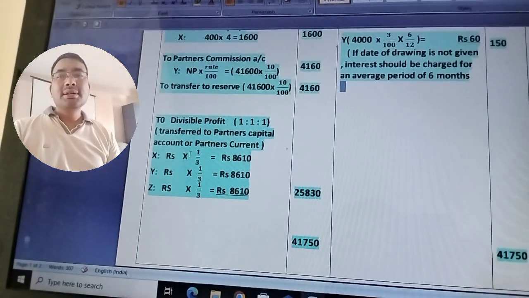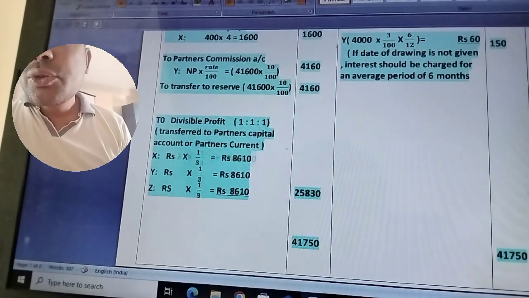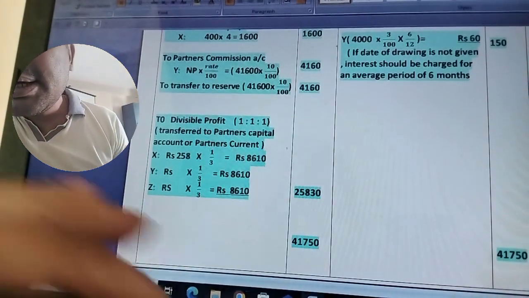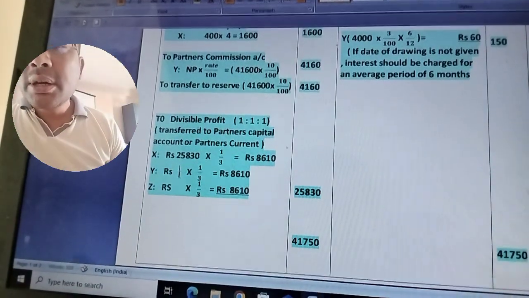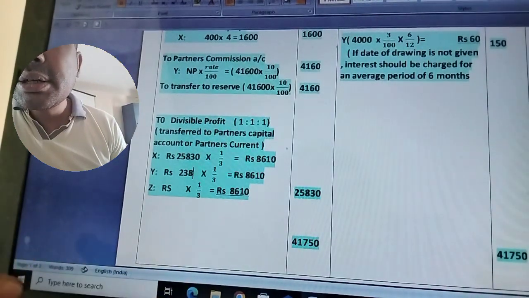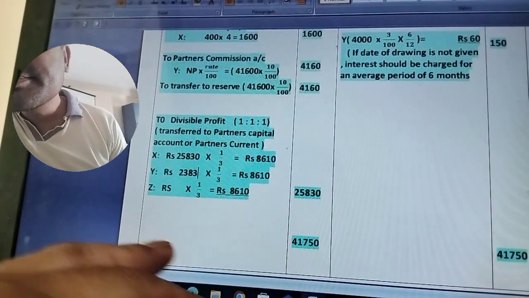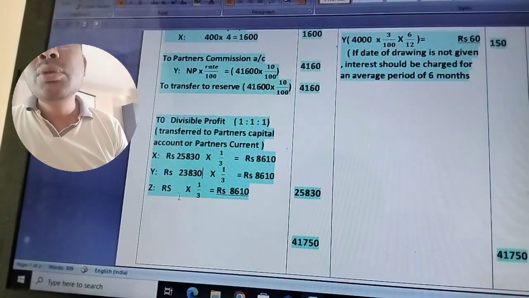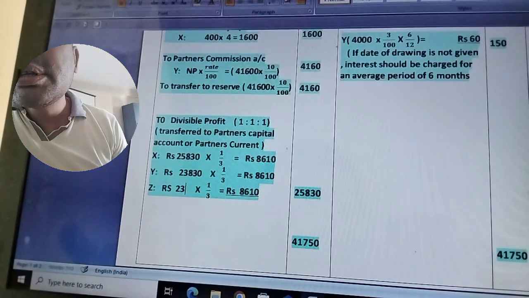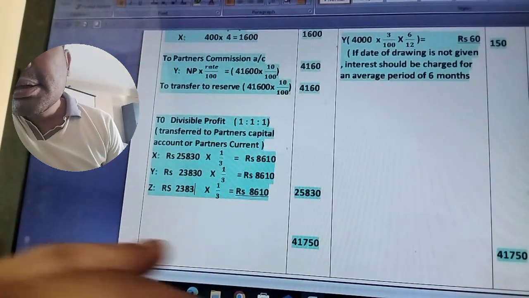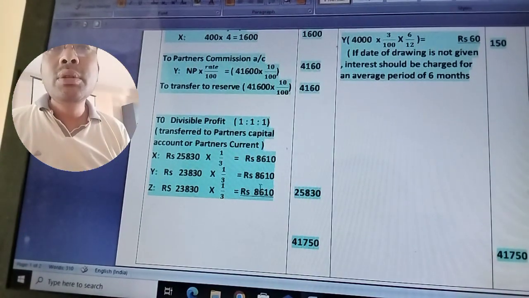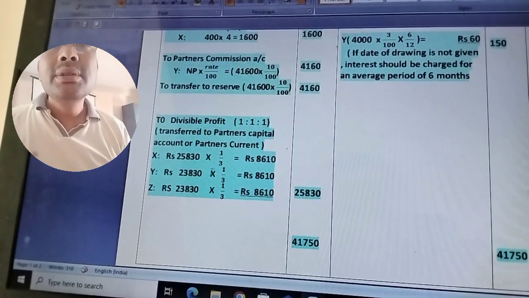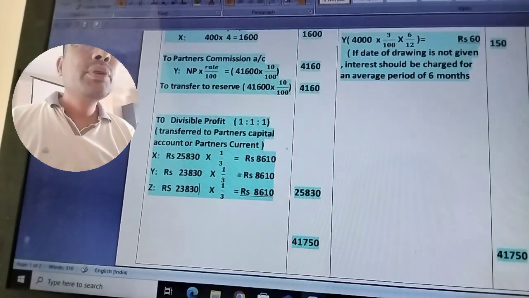So X's profit will be 23,830 into 1 by 3, that is 7,943. Y's share will also be the same, and Z also. If you add all this, the total is 23,830. Okay, so this is how we calculate the profit and loss appropriation account.